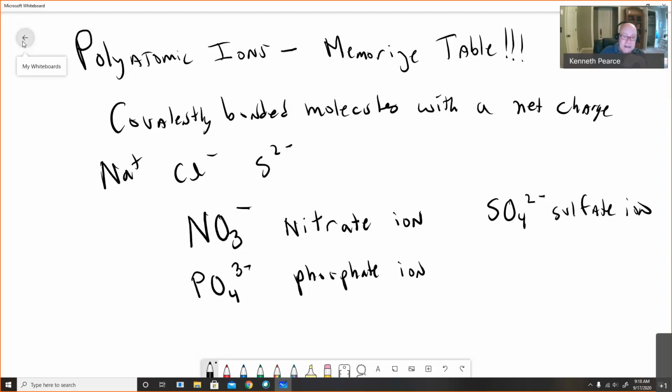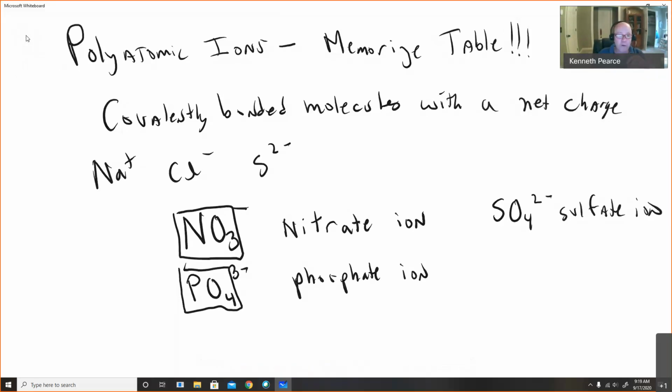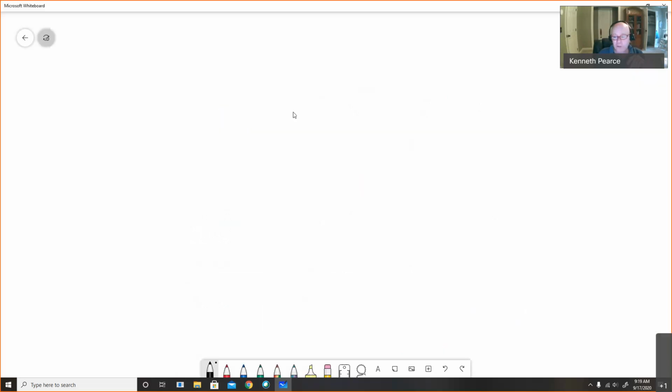This PO4, this NO3, you can't change what it is. It's an NO3. If you change it to something else like NO2 or NO4 or NO, it's not the same molecule anymore. So let's take a look at what we have to do to write the appropriate formula between a polyatomic ion and something else.